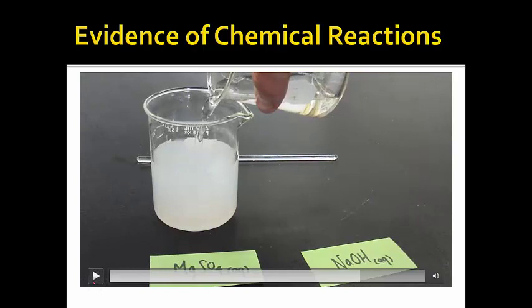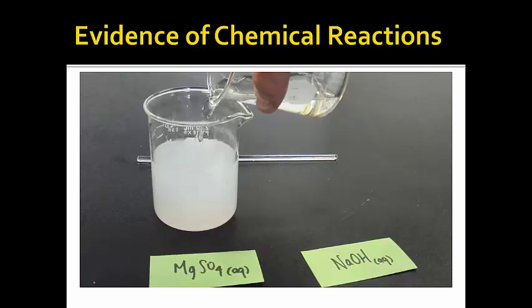Okay, and what we can see here is that the two clear, colorless solutions mixed together form a cloudy solution. And what do we call that? That is a precipitate, right? And a precipitate is a solid. It's a solid that forms when we mix two solutions together.